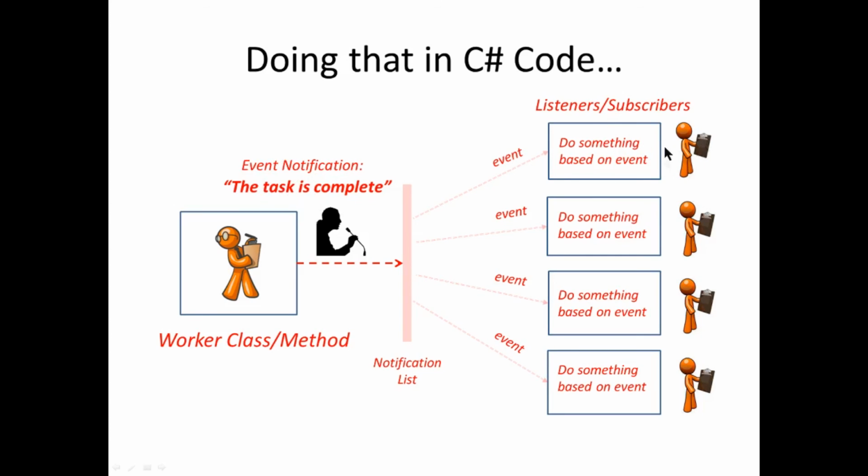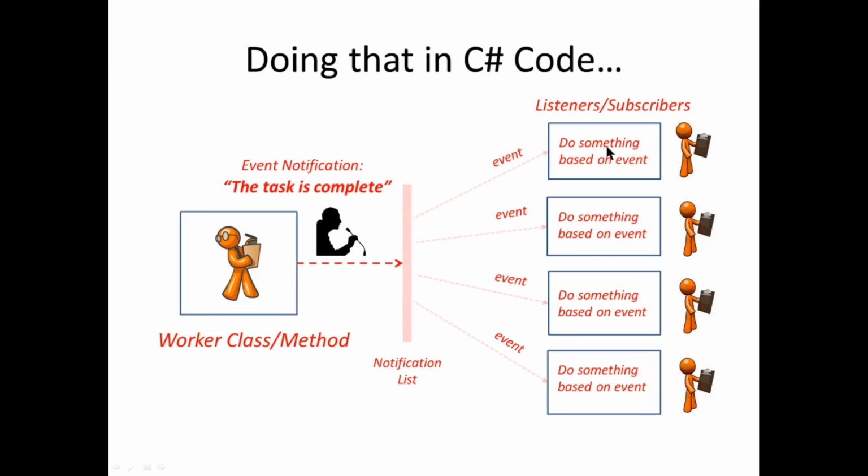And over here, I've got a bunch of listeners, basically everybody in the office or everybody in the supermarket who is listening. And they are listening to that event. And when that event happens, when they're notified of that event, they will do something based on that event.